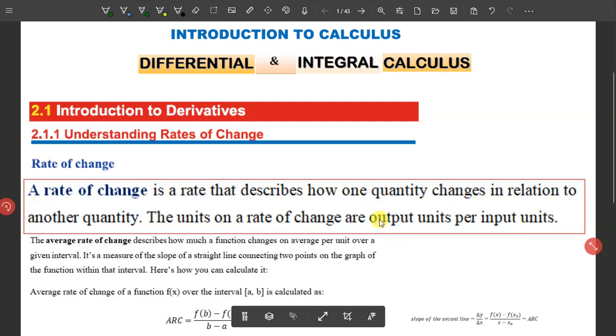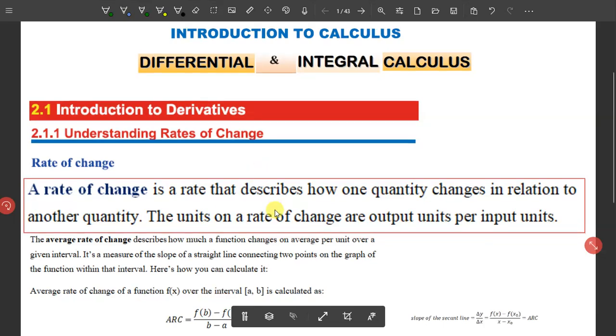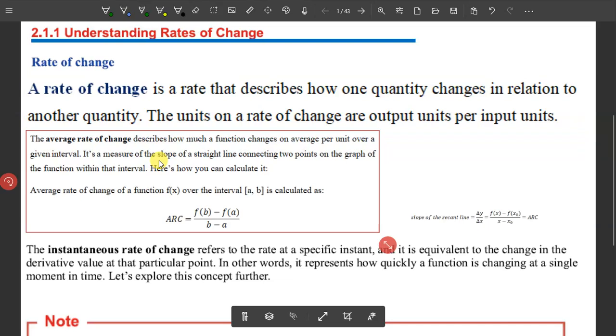The unit of rate of change is the unit of output per unit of input.